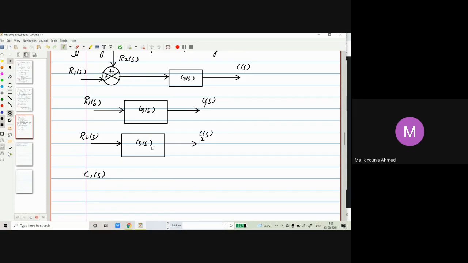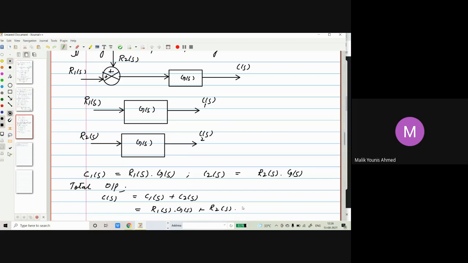Output divided by input is the transfer function, so output will be R1 of S multiplied by G of S. Similarly, C2 of S will be R2 of S multiplied by G of S. So the total output using the superposition principle is C of S equal to the effect of C1 of S plus the effect of C2 of S. That is R1 of S into G of S plus R2 of S into G of S.